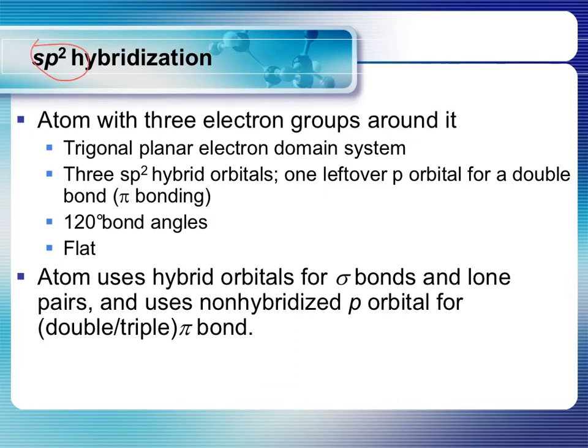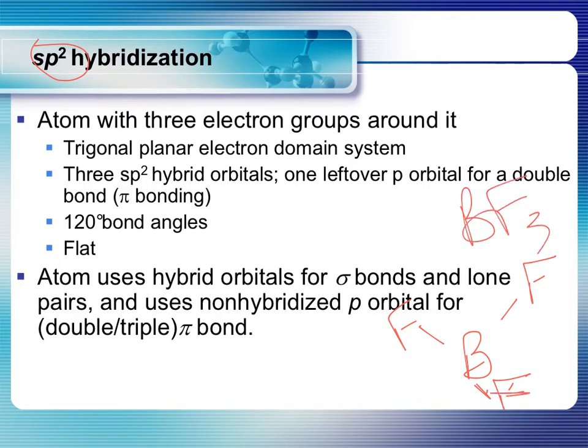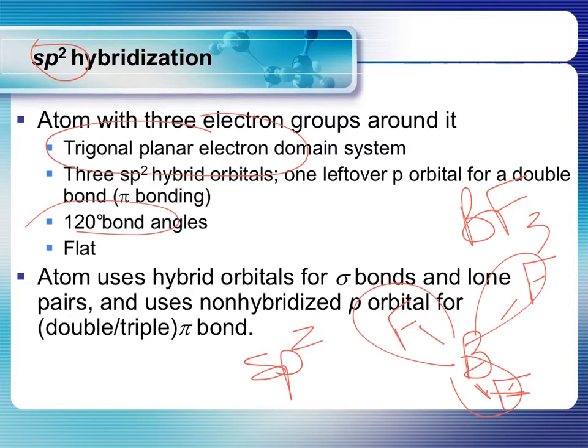One that has 3 electron domains. I'm hoping you remember that boron is happy with only 6 valence electrons. So let's look at BF3. Because there's no lone pair, BF3 has 3 electron domains, so it does need sp2 hybridization. And we know that when we have 3 domains, the geometry is trigonal planar and bond angles are 120. So I'm hoping now you should be seeing a connection between hybridization and the shape of the molecule.